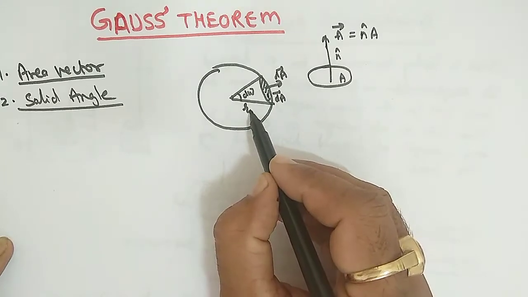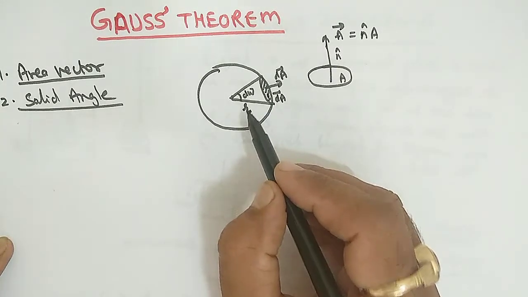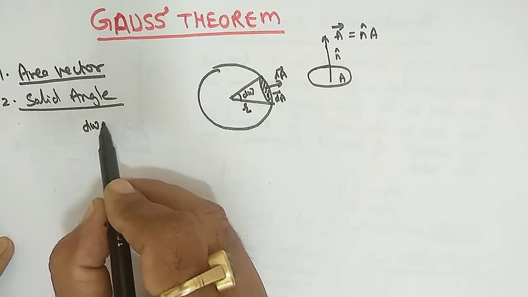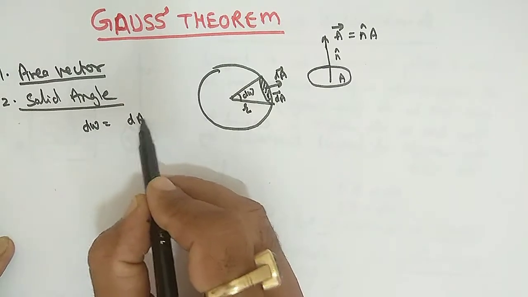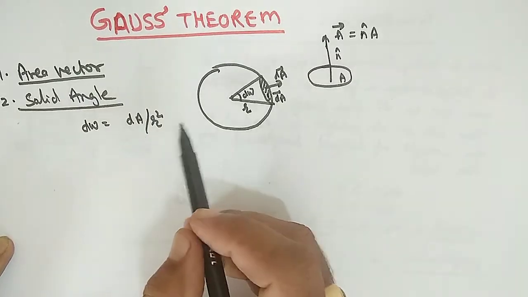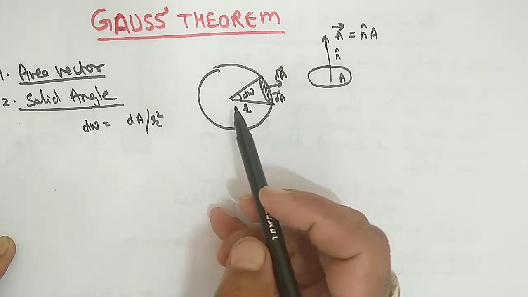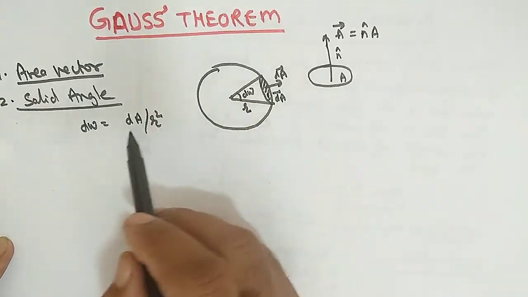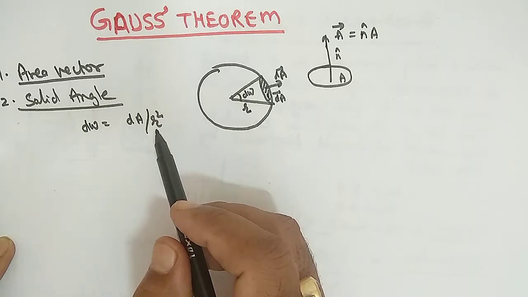Suppose the radius is r here, so the solid angle is defined as d omega is equal to dA upon r square. So it is the ratio of the area of the surface to the square of the radius.